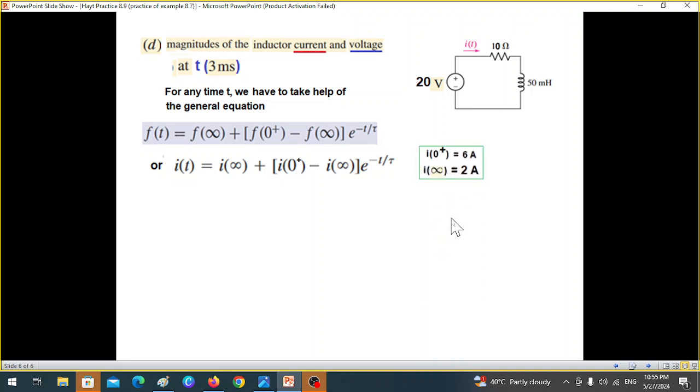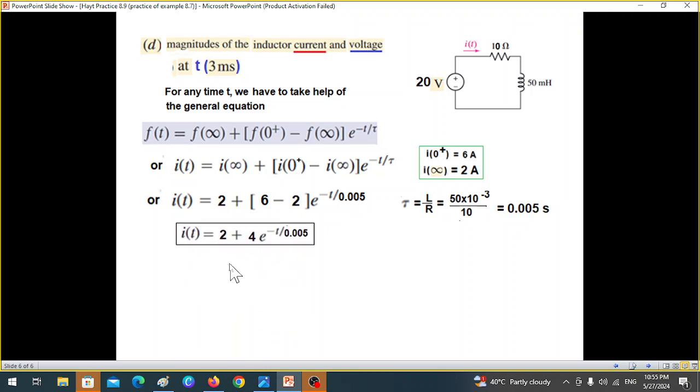These two we already know. But tau is L over R. L is given and R is given, so using this formula, tau is 0.005 second. So now we'll plug in all the values. So this is 2, this was 6 minus 2, e raised to the power minus t divided by 0.05.